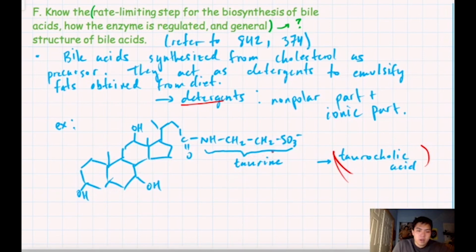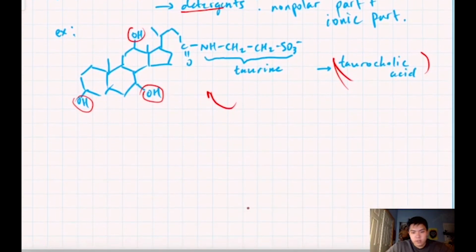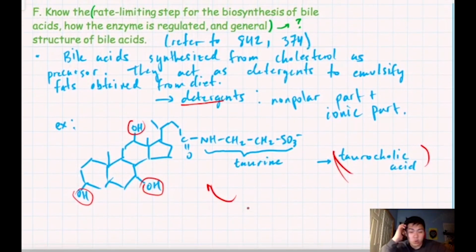But if not, then you have this sterol group with 3 hydroxy groups, and then a taurine group with a negative sulfur group out here. So how I would recognize this is this chain with a nitrogen and a negative SO3 out here and 3 hydroxy groups. All right, so that's pretty much all for cholesterol 1.